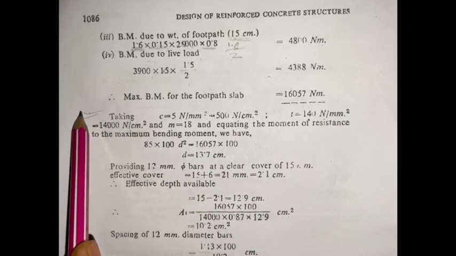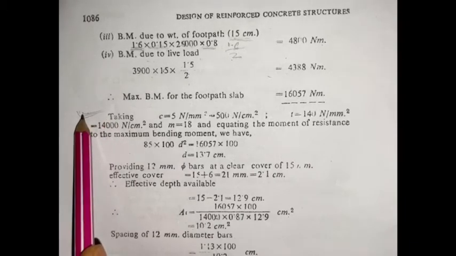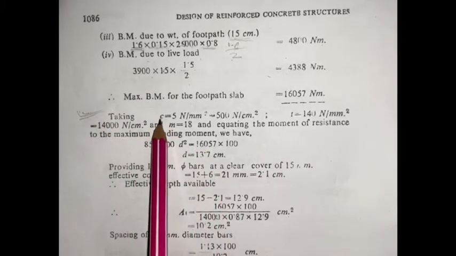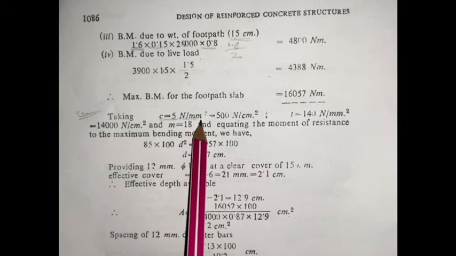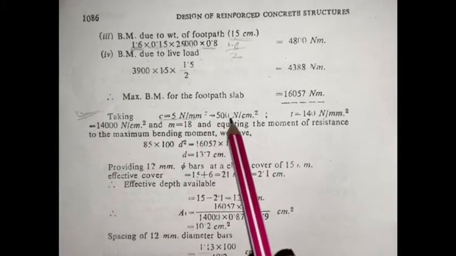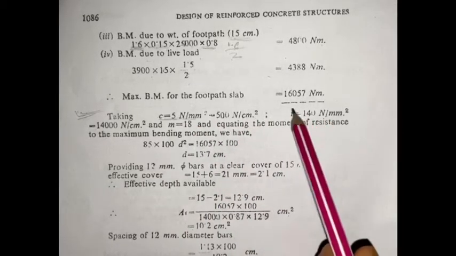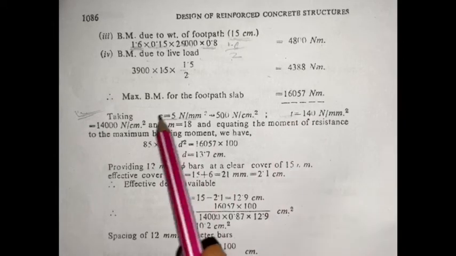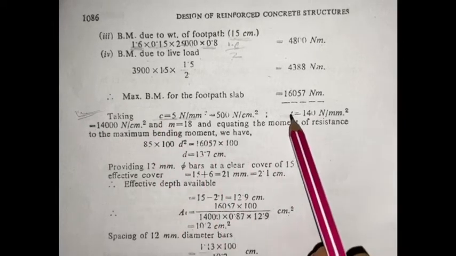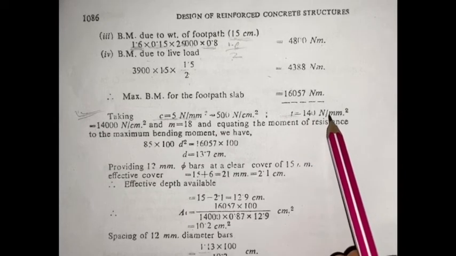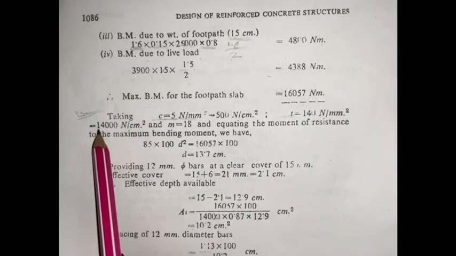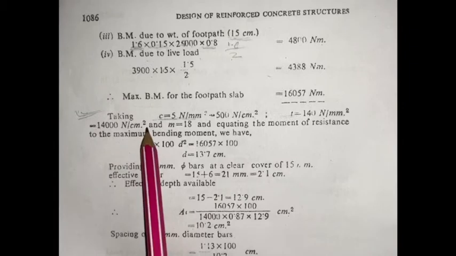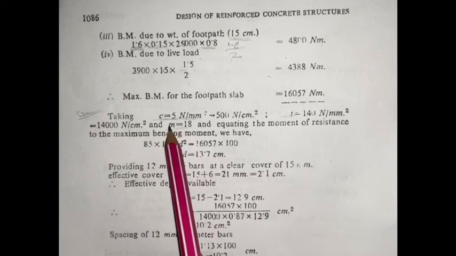For designing the T-beam bridge, we will take sigma CBC as 5 Newton per mm square, that is 500 Newton per centimeter square, and sigma ST for steel is 140 Newton per mm square, that is 14,000 Newton per centimeter square, and the modular ratio is 18.